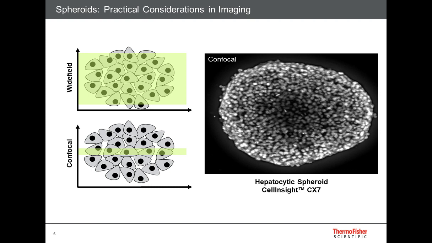However, with laser scanning confocal microscopy, it's possible to image just a thin slice out of this thick specimen and reject light from other planes that are not in our desired focal plane. So we have better resolution of cells deep within this three-dimensional structure. So we'll look in more detail at instruments that provide this capability of imaging into larger structures.